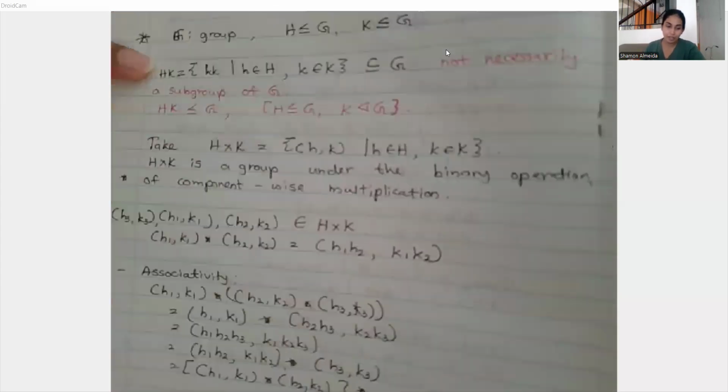HK is a subset of G. Now, we are going to define an action of H cross K on HK.